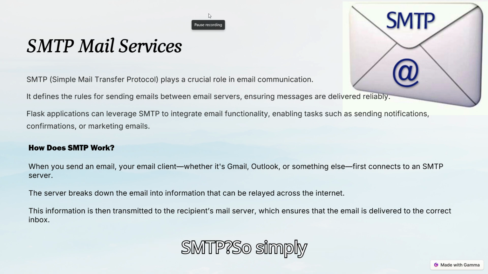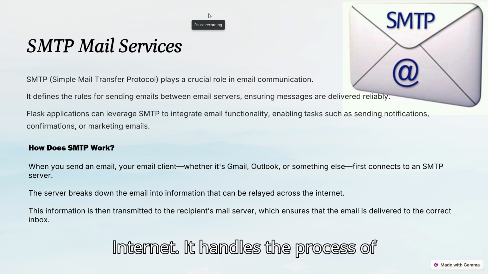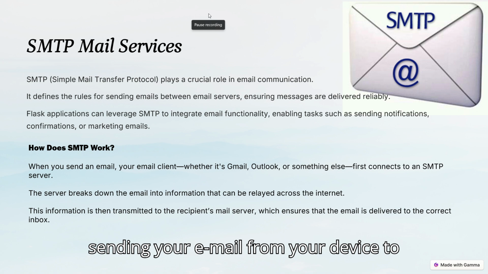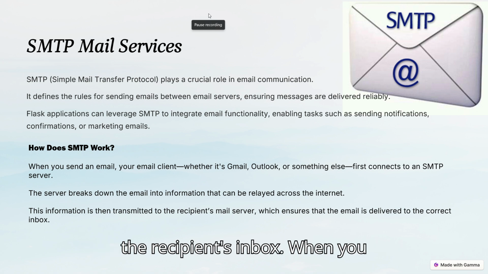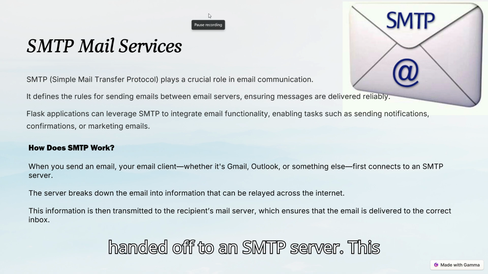What is SMTP? Simply put, SMTP is like the post office of the internet. It handles the process of sending your email from your device to the recipient's inbox. When you click send on an email, your message is handed off to an SMTP server.